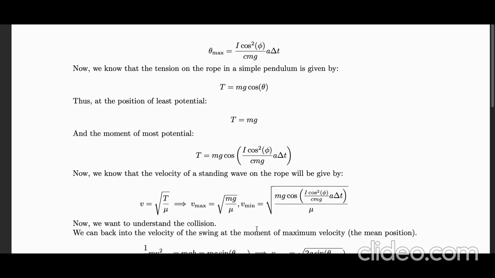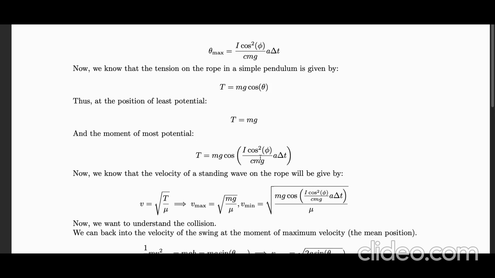To do that, we first have to find the tension on the rope. We know that in a simple pendulum, this is going to be given as mg cosine theta, where theta is the angle the pendulum makes with the vertical. So at the position of least potential, when basically the pendulum is completely vertical, we have T equals mg.